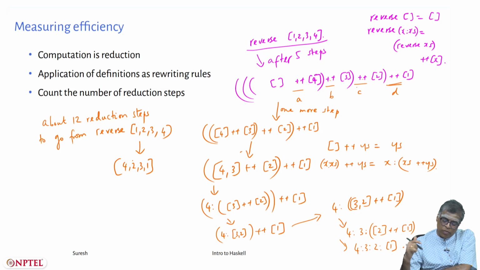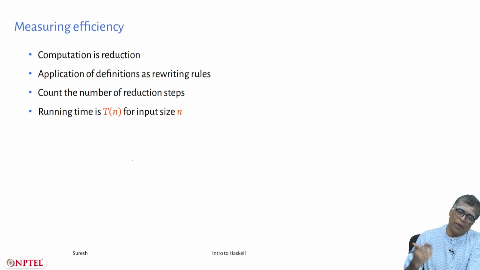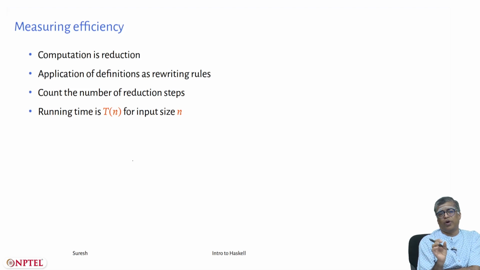Now it looks like it might be very painful to do this for every little computation, which is why you need to develop an intuition for quickly estimating the number of reduction steps that might happen. Okay, so I talked about estimation, so let's bring in a little mathematical notation and some minimal bit of mathematics for this. So we typically denote the running time of some algorithm for an input size n as T of n.